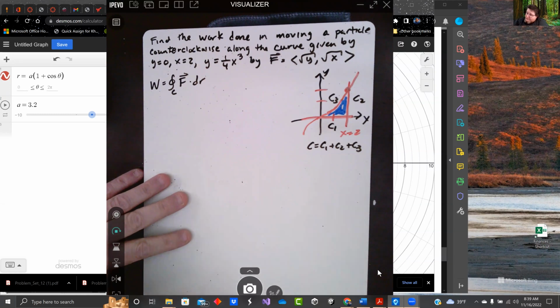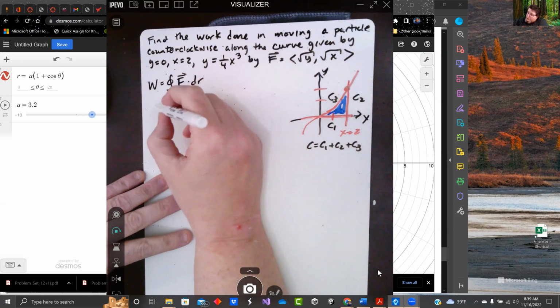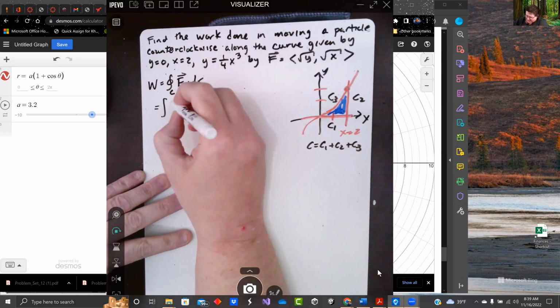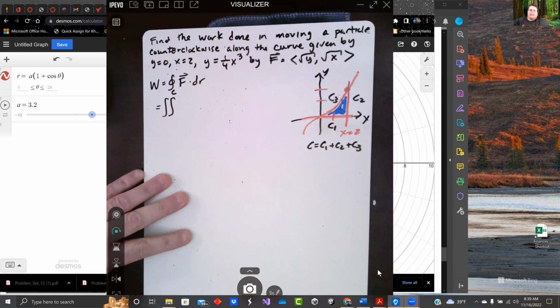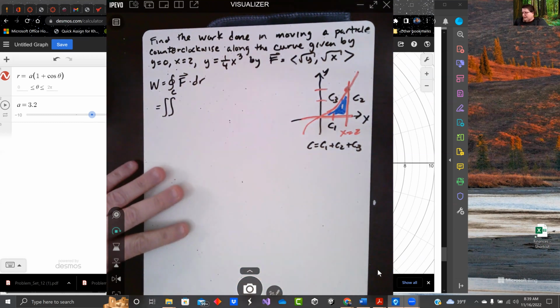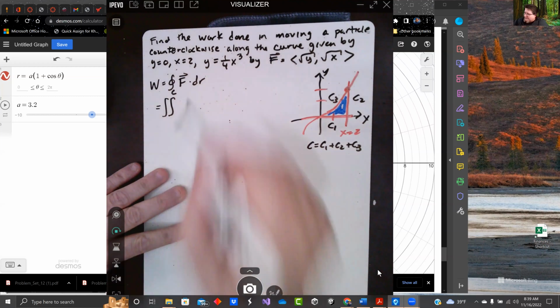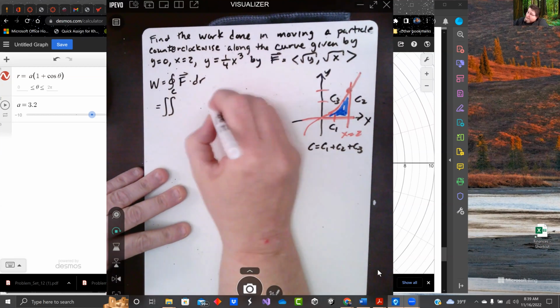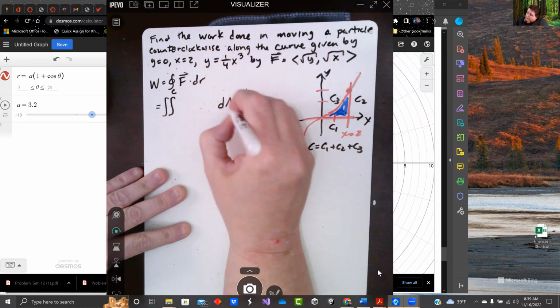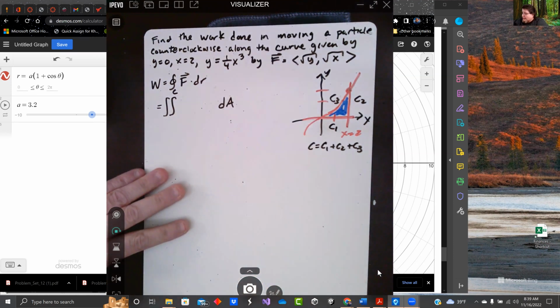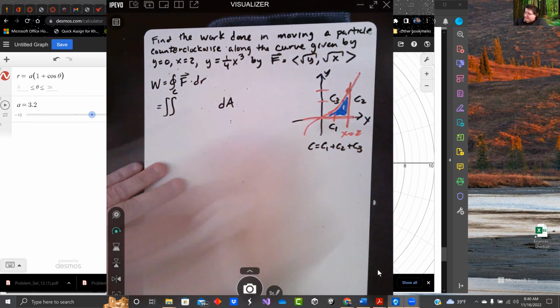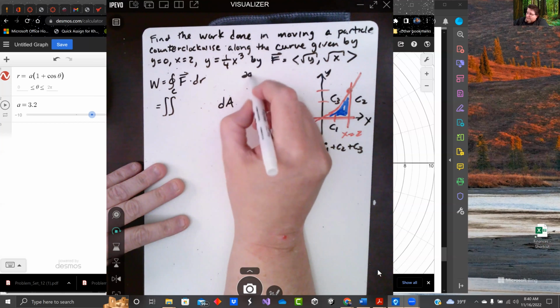So if I wanted to integrate over the area rather than the line integral, I can do that by adding an integral and adding a derivative. So we'll have the integral with a dA. And to do that, we need dg/dx minus df/dy.